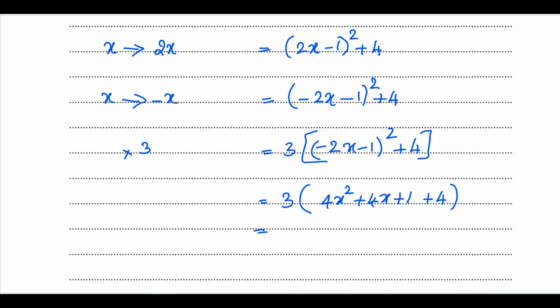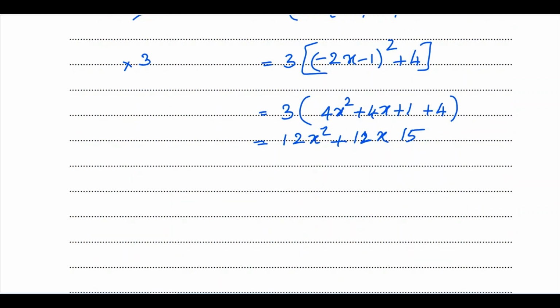Now multiply by 3. 3 multiplied by 4 is 12x square plus 12x. 1 plus 4 will be 5. 5 multiplied by 3 is 15. So g of x equal to 12x square plus 12x plus 15.